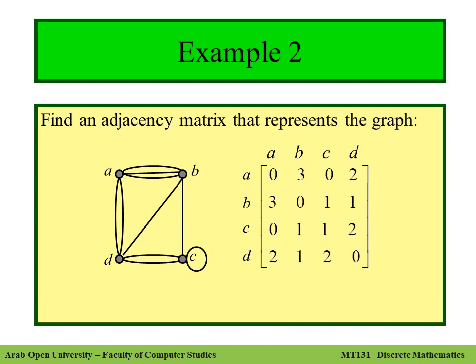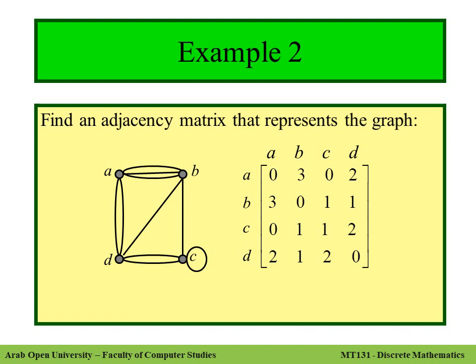Of course, the same for the entry in row 2, column 1, which also has 3, because that's the number of edges between A and B. Look at, for example, A and D. There are 2 edges. The entry in the first row and fourth column is 2, and there are 2 edges.